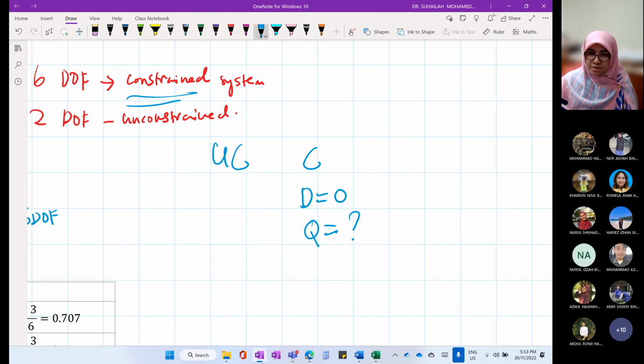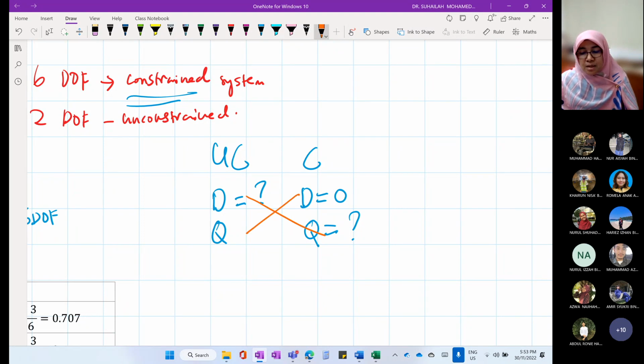In unconstrained, the condition will be opposite. It also has D and Q. D in unconstrained will be the unknown, we call it the unknown displacement. You see? It is opposite. D in unconstrained will be the unknown displacement because at a place with no support, the node can move.